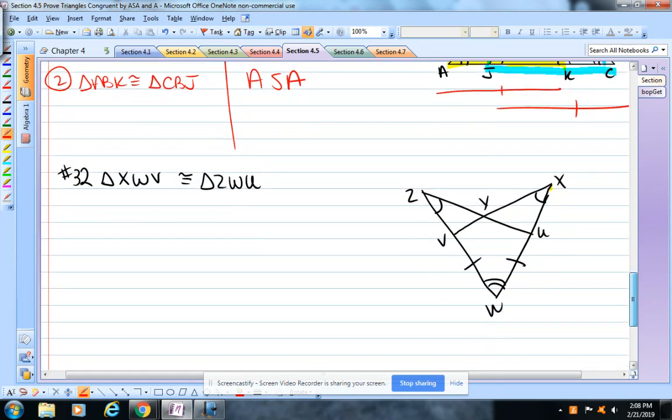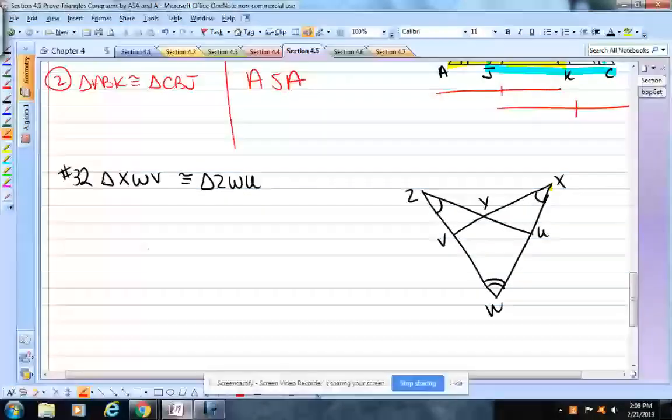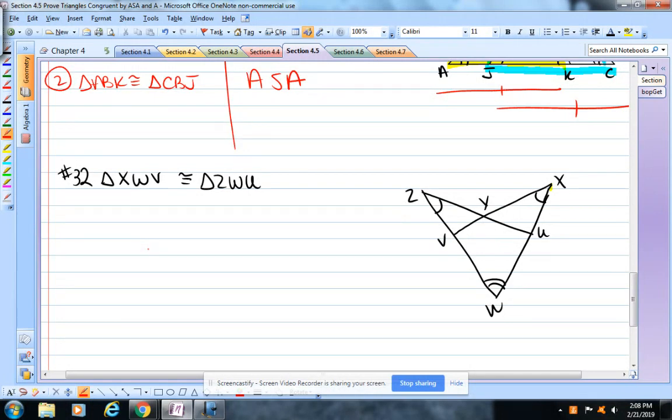All right. Let's do the next one. I'm trying to prove that triangle XWV, let me highlight those. Not red. I want yellow highlighting. XWV. I was afraid my pen was messing up again.